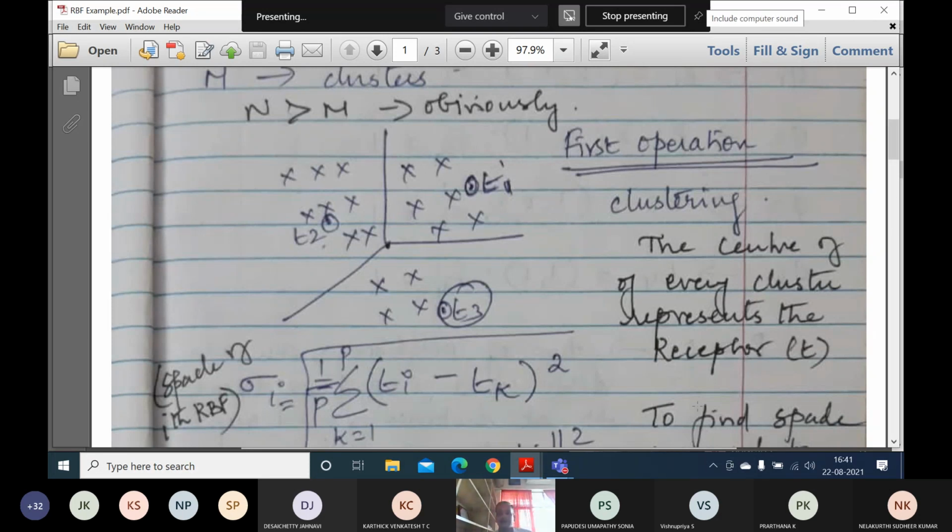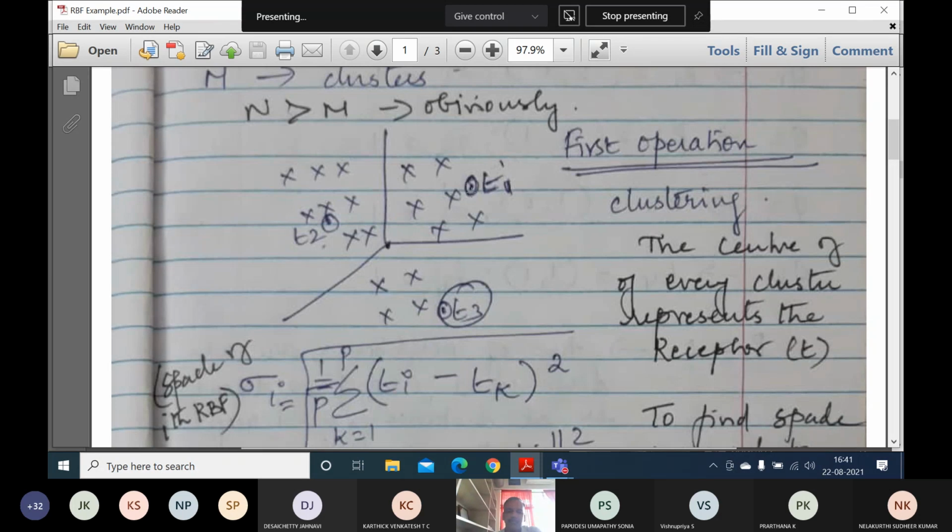The first operation is clustering. Once the clustering is done, for each cluster I need to find the center point. This portion is one cluster, this portion is the next cluster, and this portion is the next cluster.